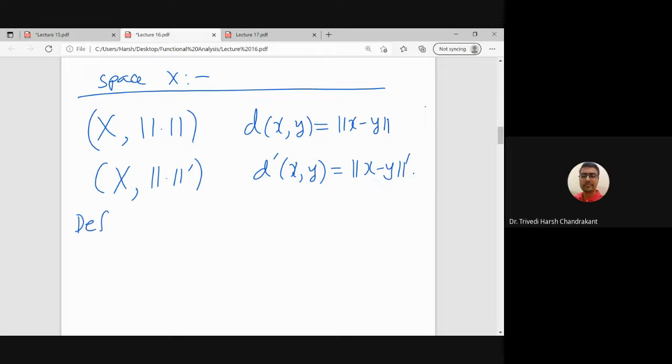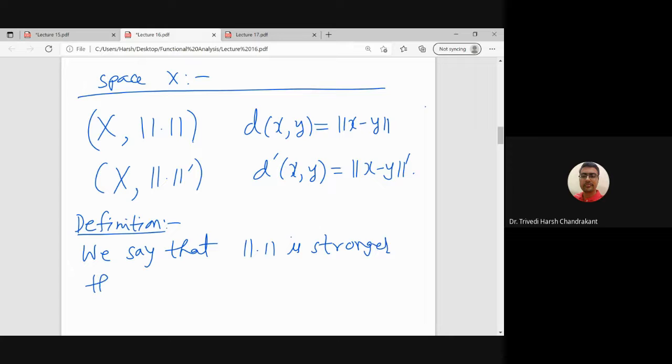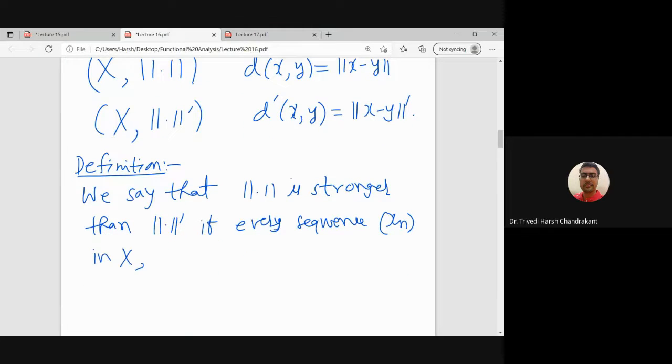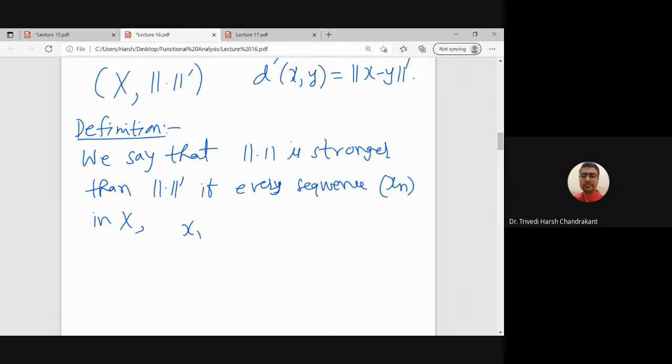The definition is that we say the first norm is stronger than the second norm, the dash norm, if every sequence xn in the normed linear space X, whenever xn converges to x in the first norm, implies xn converges to x in the second norm.